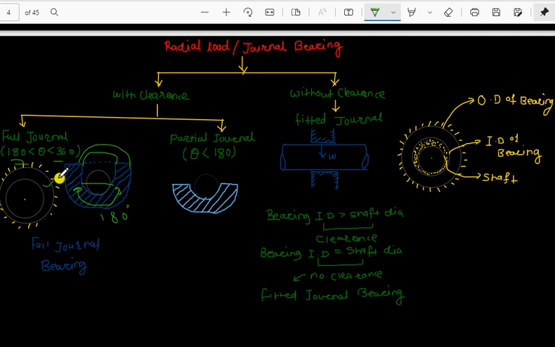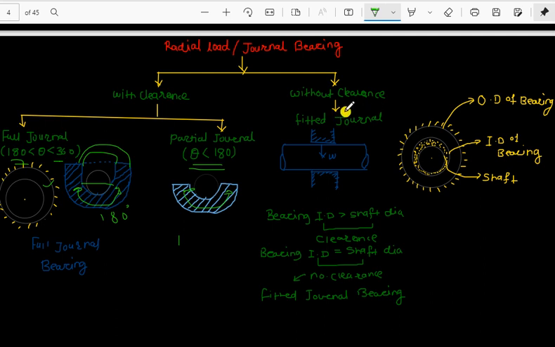Here you can see this is a full journal bearing, whereas if the contact or the enclosed shaft is not in full contact, or the contact, let us say theta enclosed by this portion, is less than 180 degrees, then such type of bearing is called partial journal bearing.